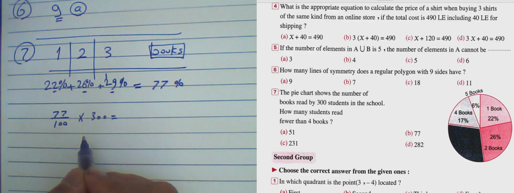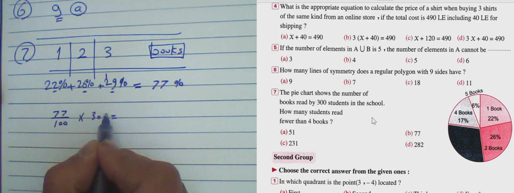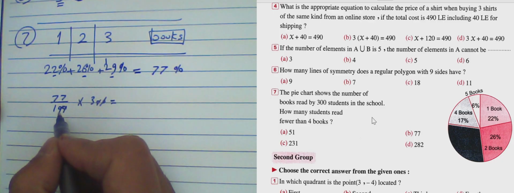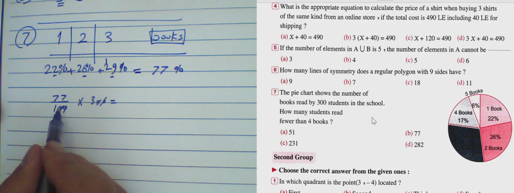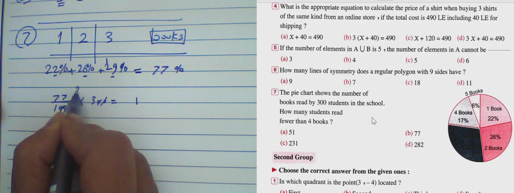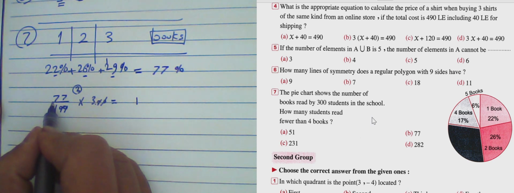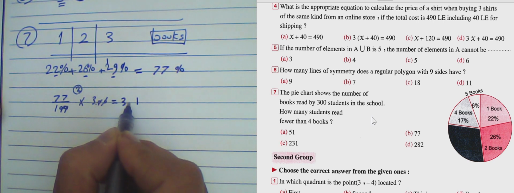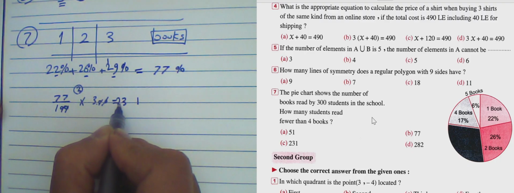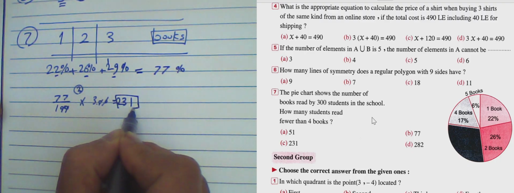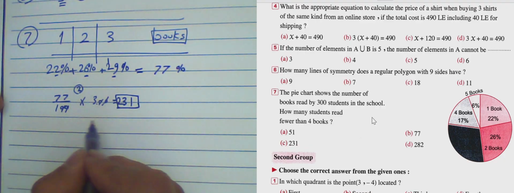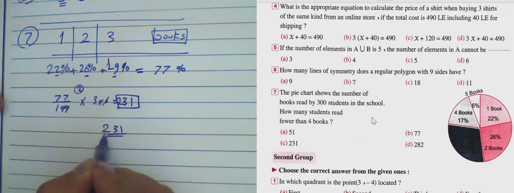Then 77 over 100 times 300, we can cancel the double zero, and 3 times 77: 3 times 7 is 21, write 1 and carry 2. 3 times 7 is 21, plus 2 is 23. Then the result will be 231. Choose letter C for this example.